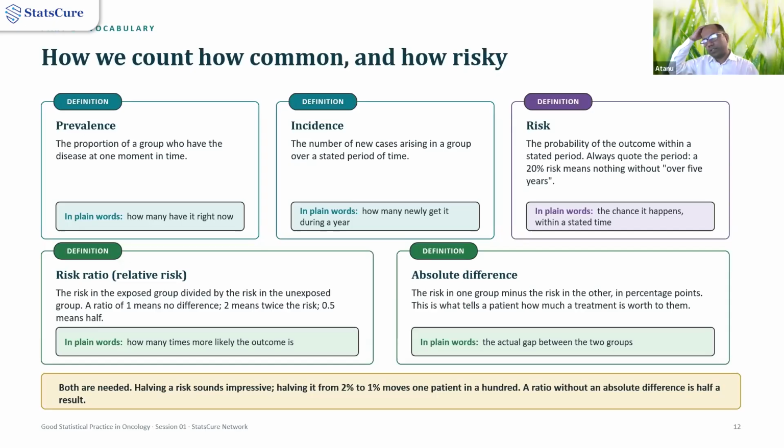If your primary endpoint looks at the risk, risk ratio or absolute difference, then your sample size, your study design, everything is formulated in that manner, and it makes much more sense to consider before the study what your objective is and what you are going to see.